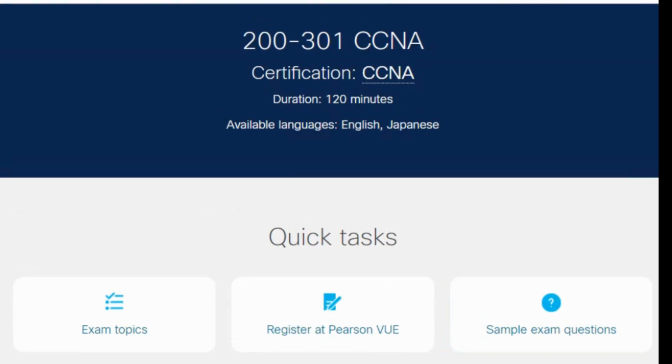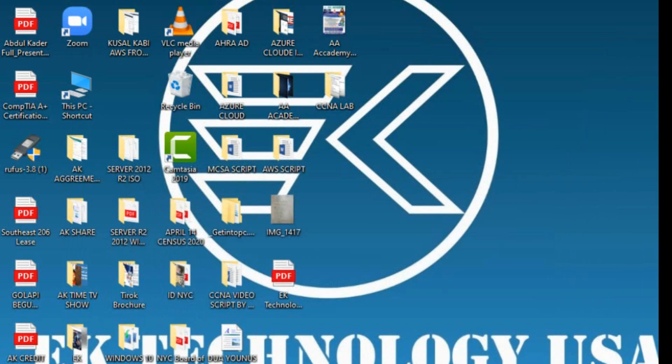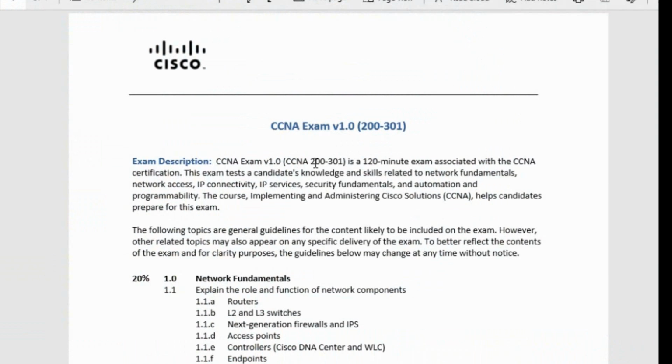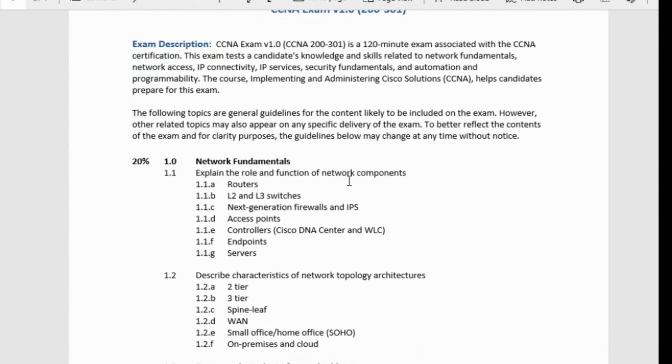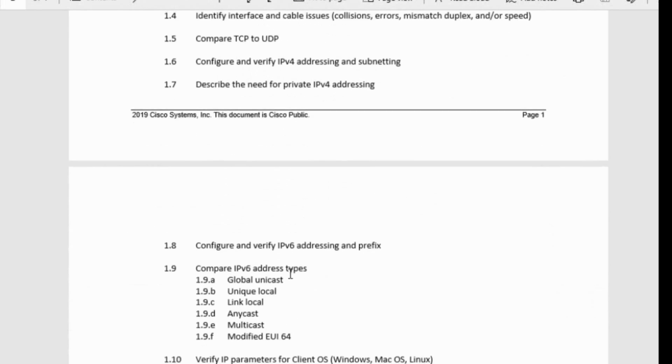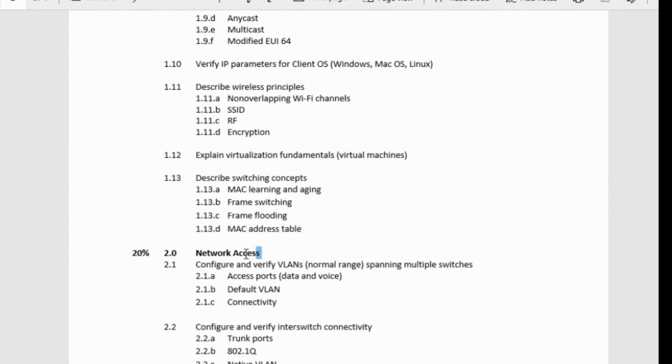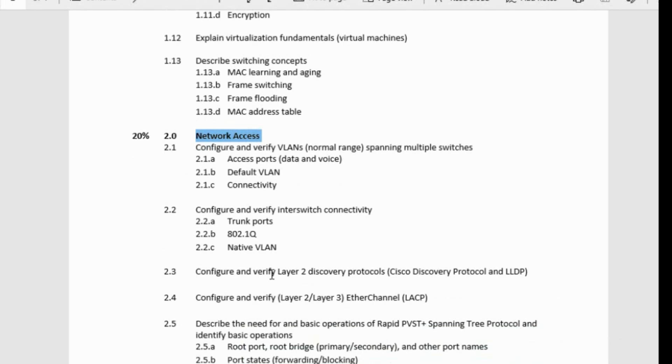Okay, so I have downloaded the PDF format of the CCNA 200-301 exam. As you can see over here, 20% is network fundamentals, and also network access is 20%, which means that is how many of the questions will come up.